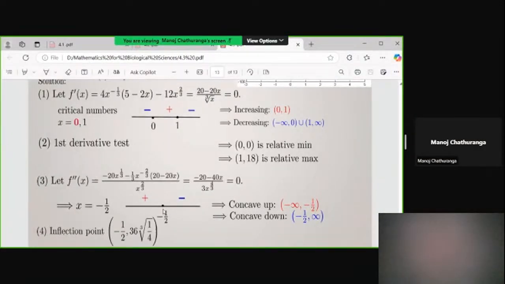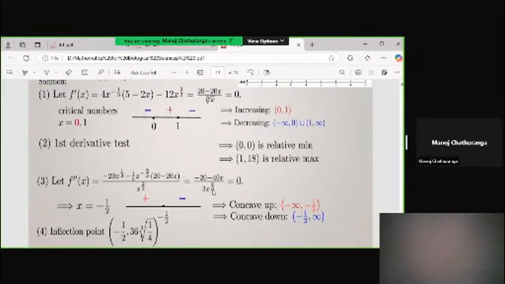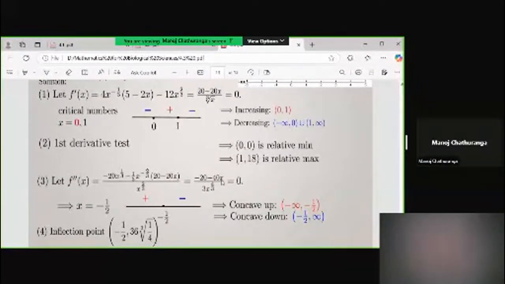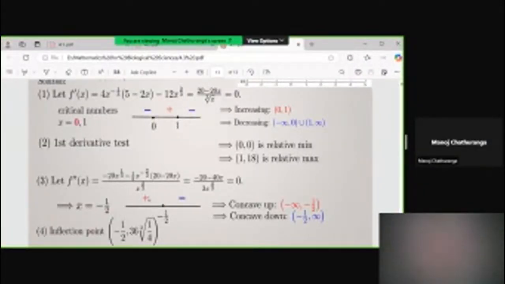Using the formula for the second derivative, you can analyze its sign. For a very large negative number, the cube root is negative, but then you raise it to the fourth power, so the denominator is positive and the numerator is also positive. So it is concave up before 1/2, where the second derivative is positive.